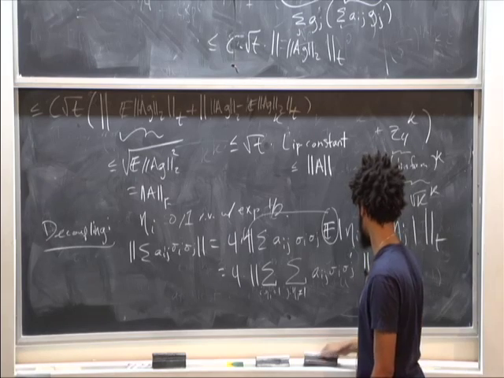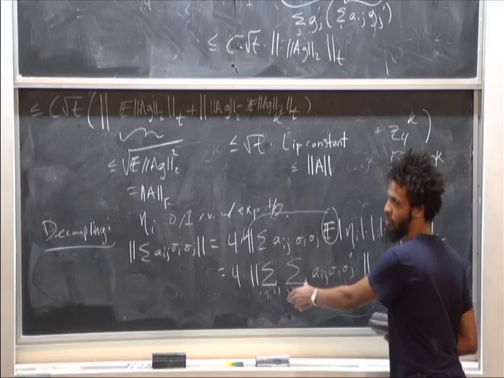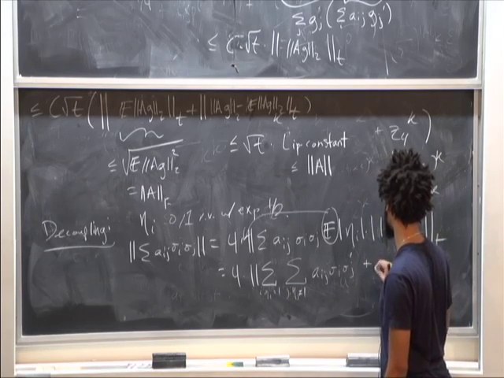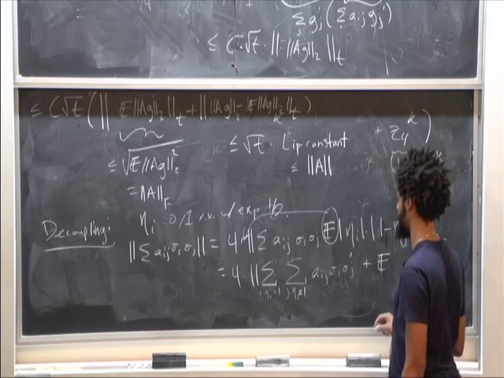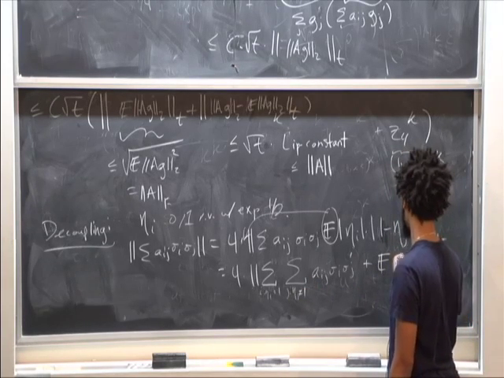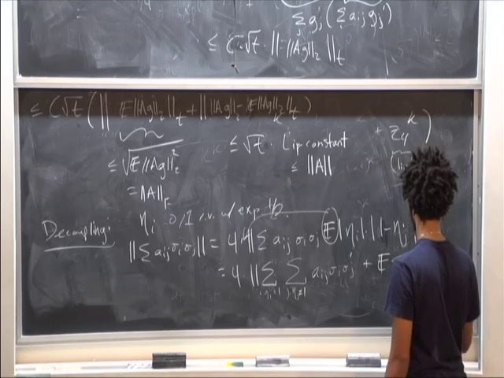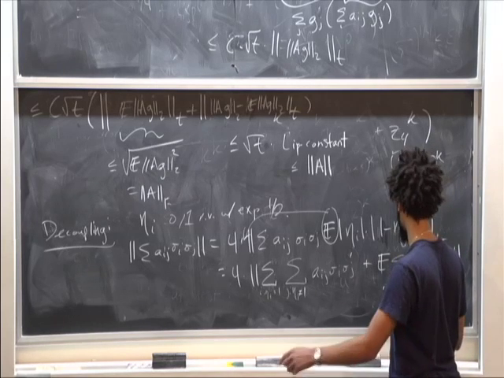And then you can add something inside which has expectation 0, because you lost some cross terms by doing this. So what am I going to add inside that has expectation 0? The expectation over the sigmas that don't appear here of the sum of aij sigma I sigma j prime over ij not in the last sum.